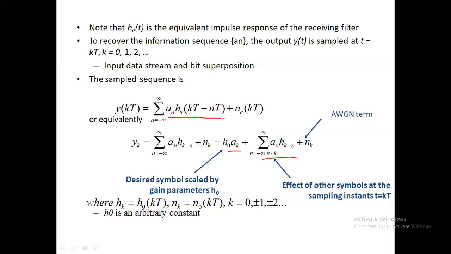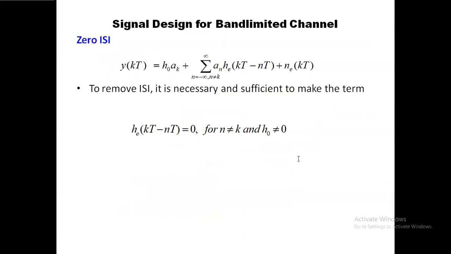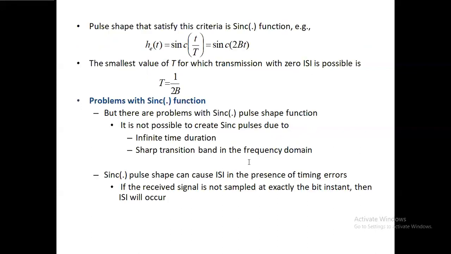So which type of pulses satisfy this criteria? You can see here that we have this equivalent response equal to 0 for n not equal to k and h not equal to 0. So which type of pulses satisfy this criteria?